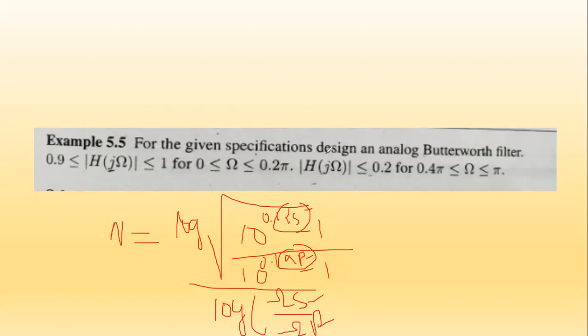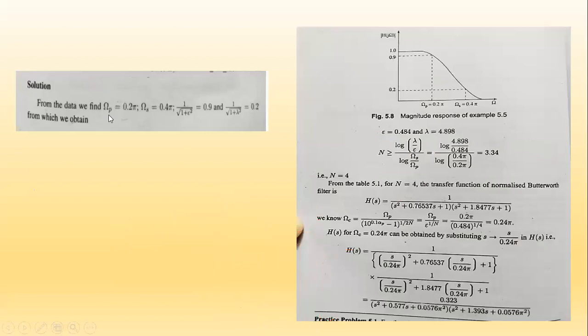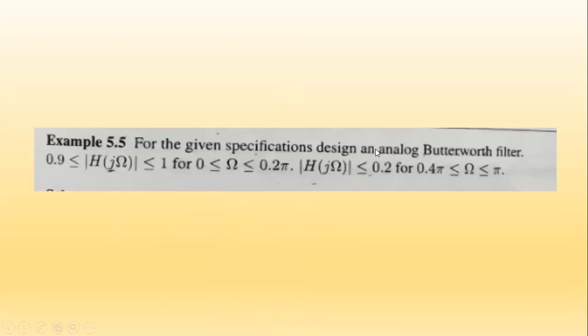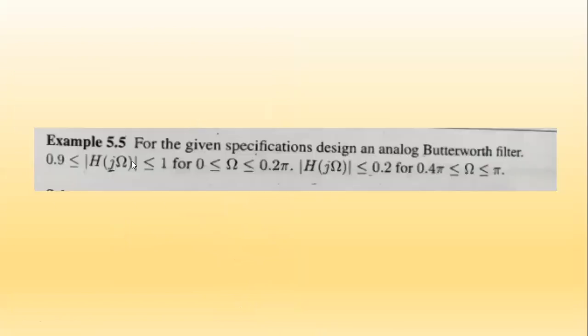So for this you need to understand the diagram. This is the diagram given here, which is very important for everyone. 0.9 is given, and 1. In the problem statement, 0.9 is less than |H(jω)| is less than 1.